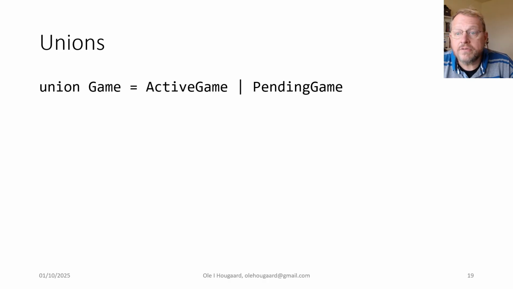I guess the downside of using a union instead of an interface is if I found that I had a third kind of game, I would have to both make the type for that game and change the union, whereas if I'm using an interface, I can just implement that interface and I don't have to go back and change the interface. It's a small thing, but it gets less cobbled that way.